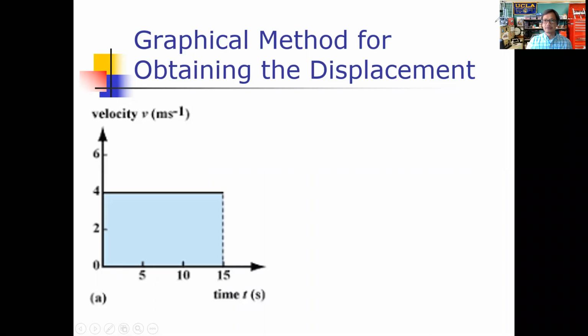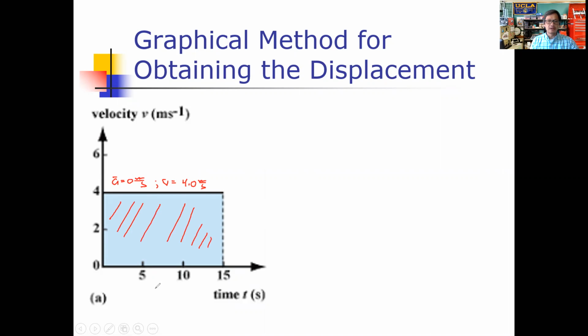Okay, first of all, let's recognize something here: the acceleration here is 0. We have 0 acceleration because the velocity is constant, and the velocity here is 4 meters per second. So because this acceleration is 0, if we find the area underneath the square here, then we can find the displacement.